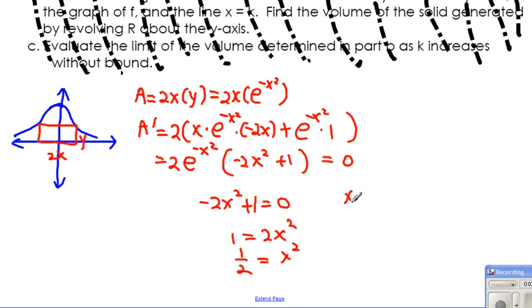Then x is plus or minus the square root of 1 half. Of course, it cannot be negative, because we're simply looking at x values right here. So x simplifies into square root of 2 over 2.